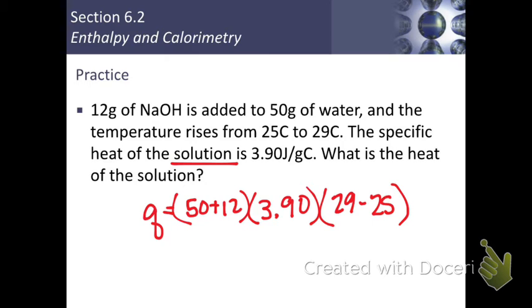So you need to pay attention to if it tells us, is this the specific heat of the solution, or is this the specific heat of individual substances? Because it does make a difference. Let's see. 62 times 4.